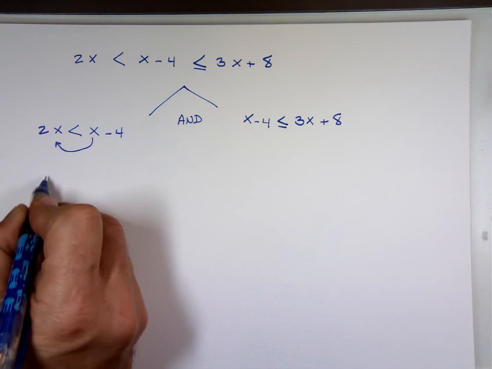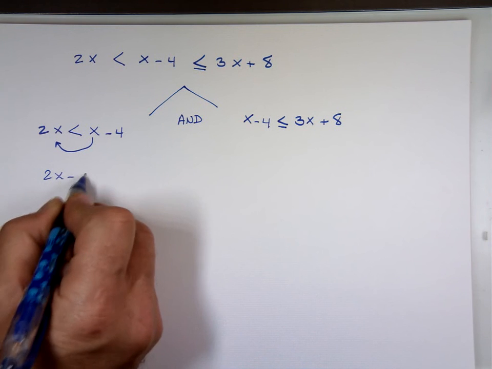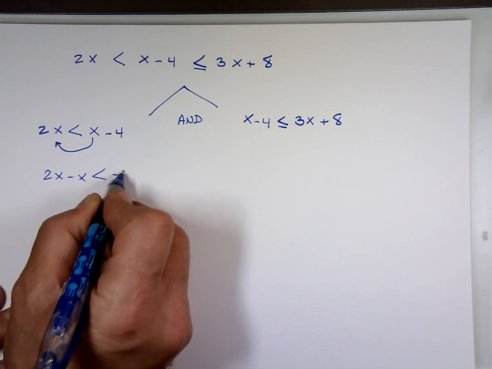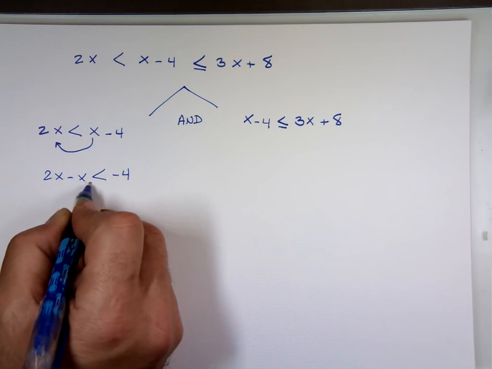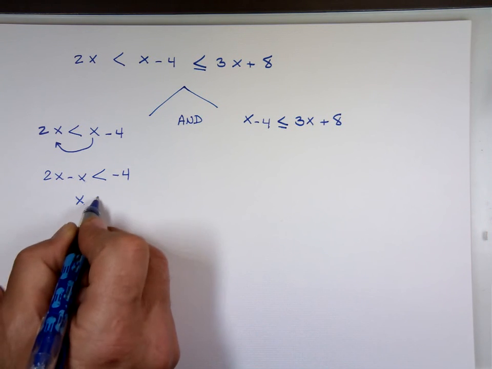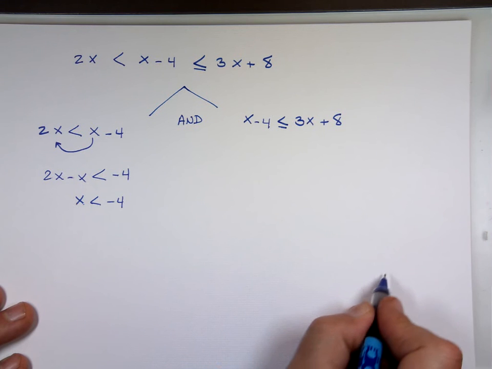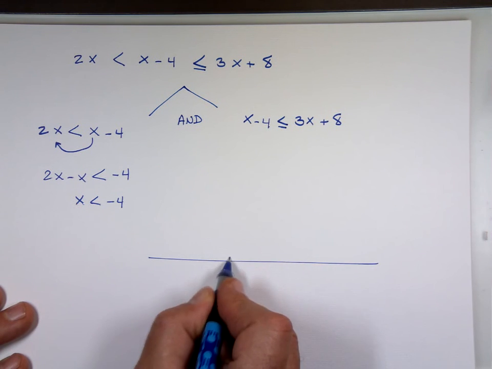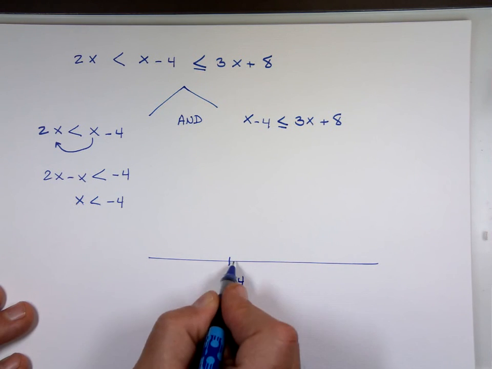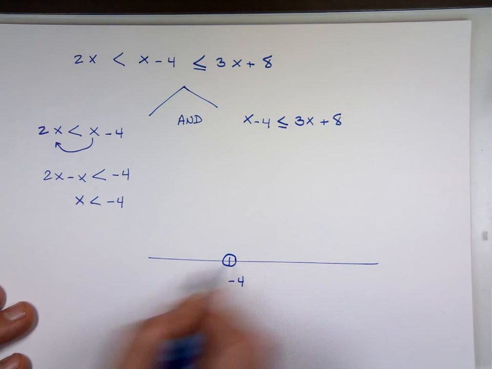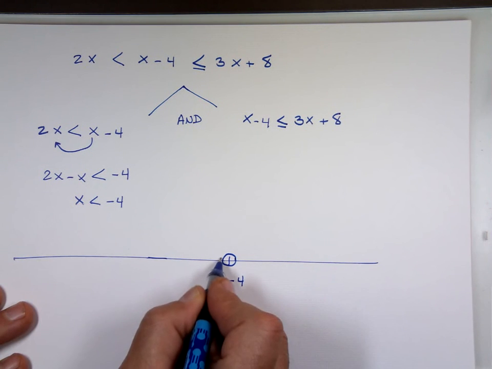You'll have 2x minus x less than negative 4. What's 2x minus x? Isn't that x? So if I graph that piece already, this is the negative 4. X is less than that. That's to the left.